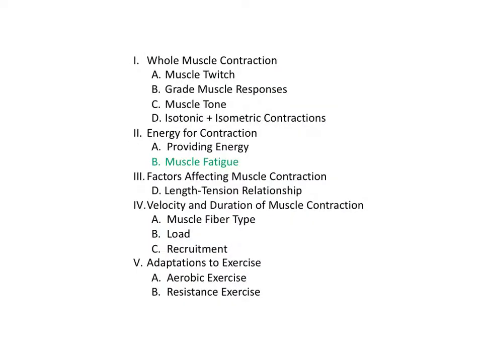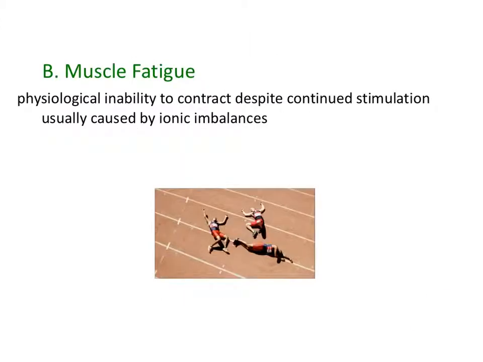Muscle fatigue is the next topic we will be covering. So muscle fatigue is caused by the physiological inability to contract despite continued stimulation, and this is not really dependent on lack of ATP. So other things interfere.